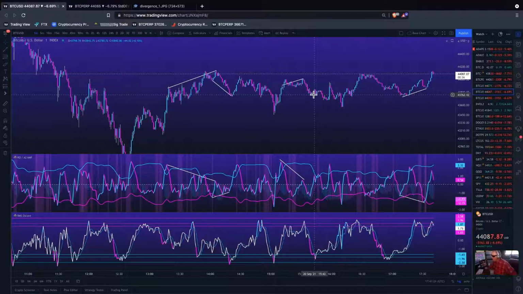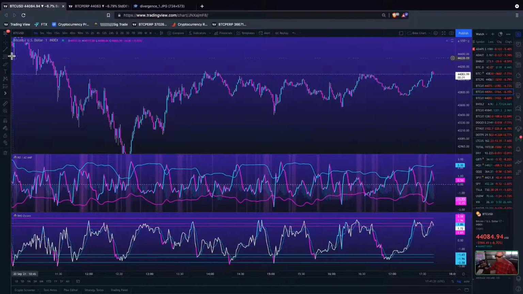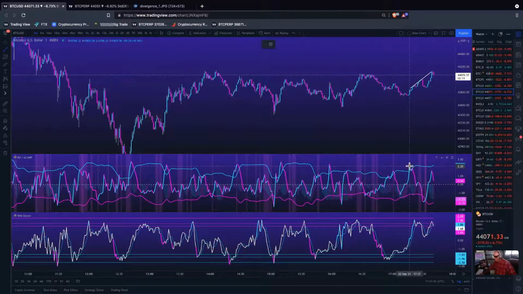Let's see here. But look what's going on right now. Okay, bear div. And look what's happening to the price this 1 minute. Bam. Stifles price action.